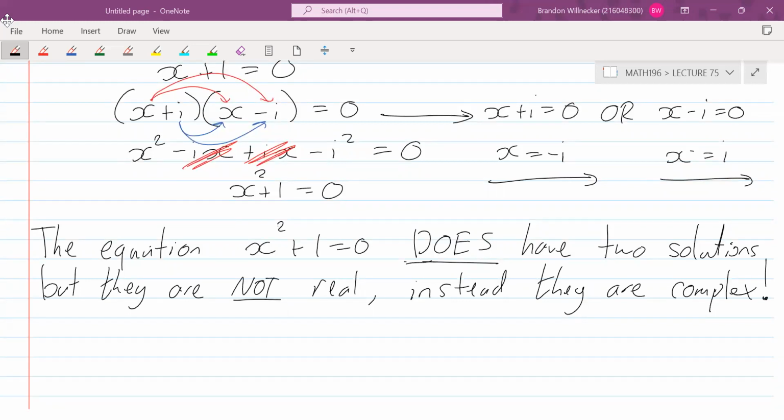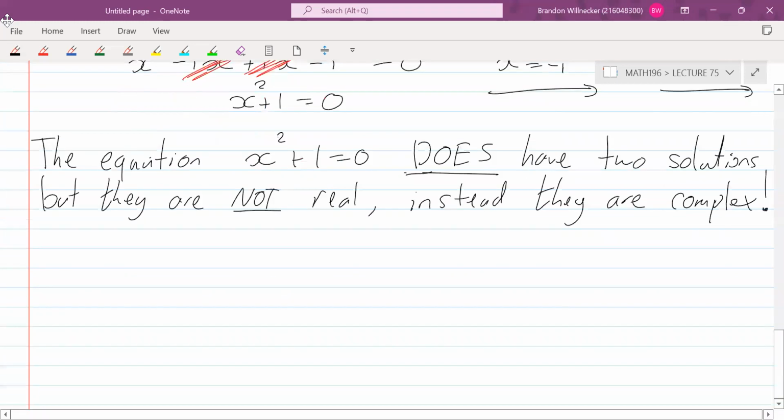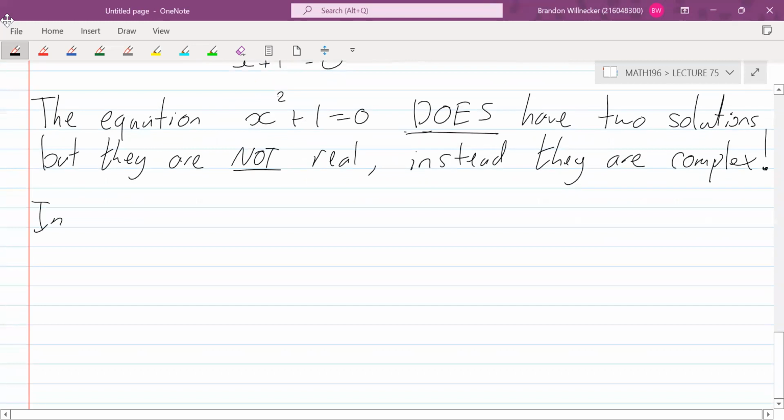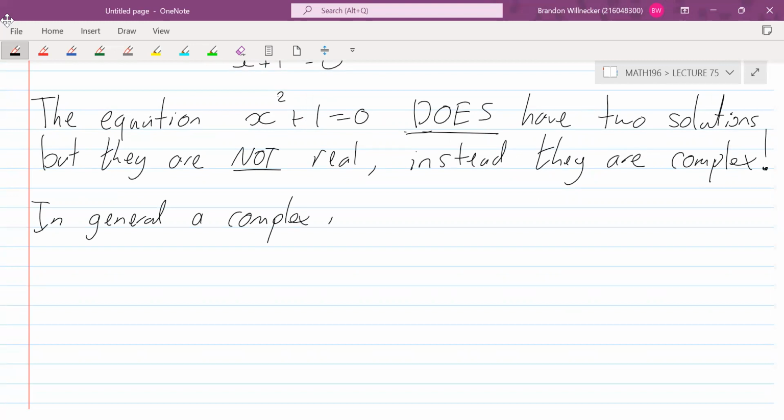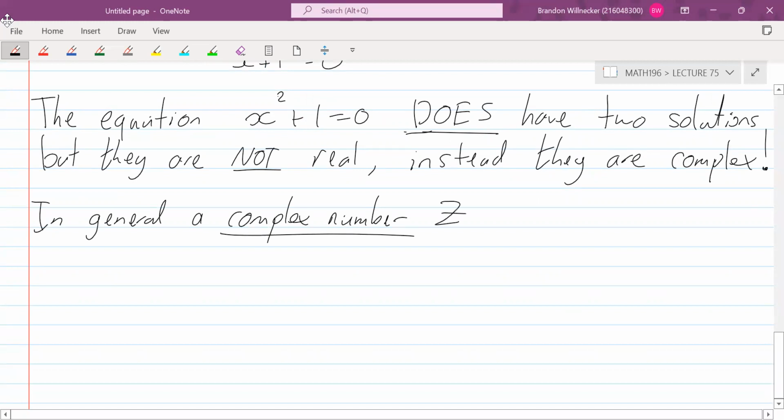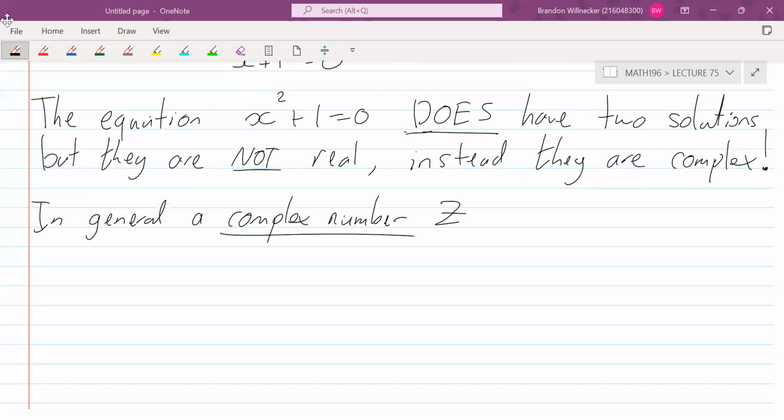In fact, we can use this to build up all of the complex numbers. So in general, a complex number, typically we call it z. So z is typically used as the variable for complex numbers, and we're going to use this for the rest of the semester.